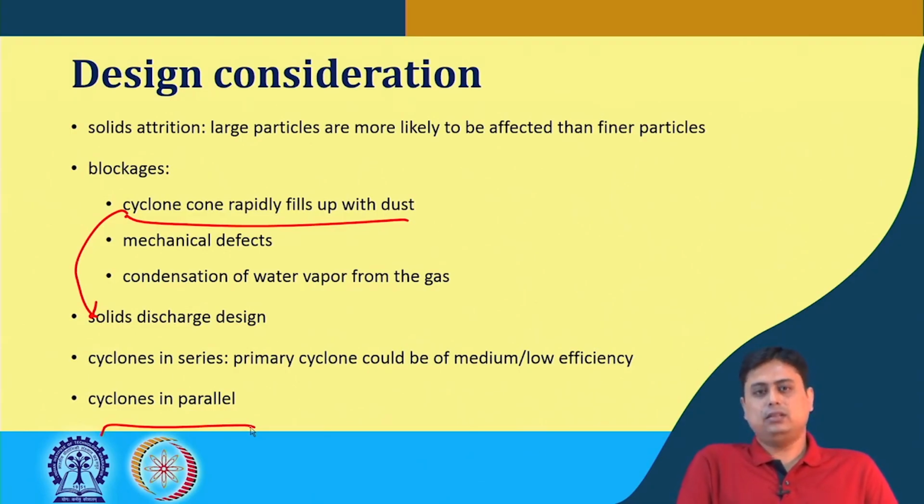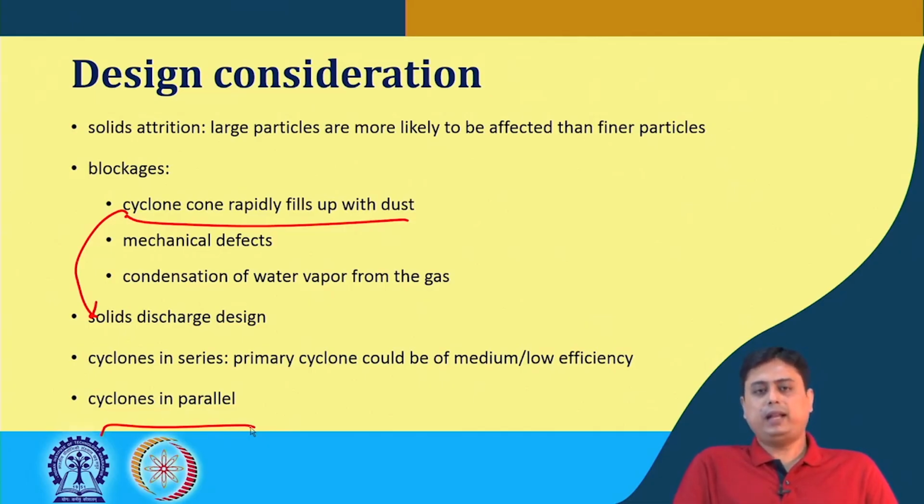In that case the first cyclone would be of a minimum to low efficiency design. It should be able to handle high throughput, and stage by stage you can increase the purity of the particle-laden gas in a step manner. So the consecutive ones after the first should be of high efficiency design, and the first can be of high rate handling design.